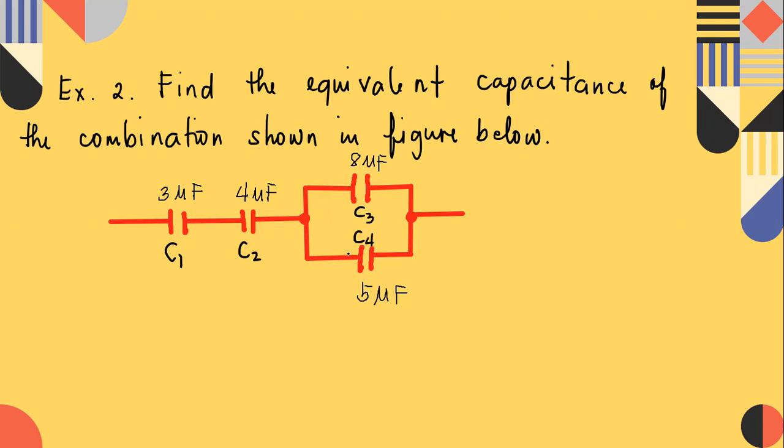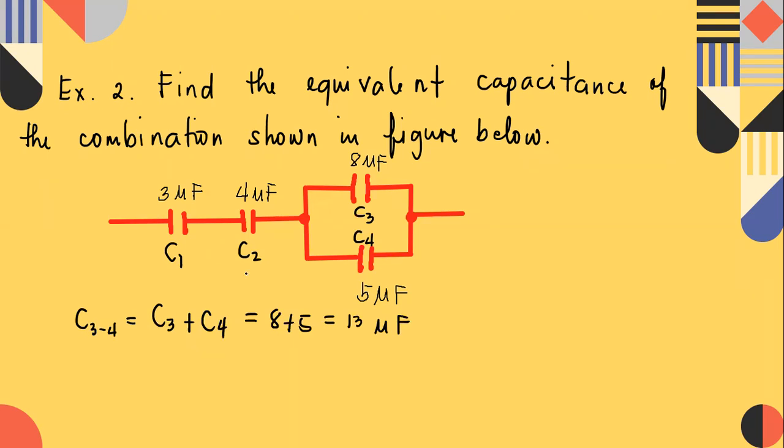Now, for C3 and C4, under the parallel, the formula is C3 plus C4, which is equal to 8 plus 5. Therefore, that is equal to 13 microfarad.